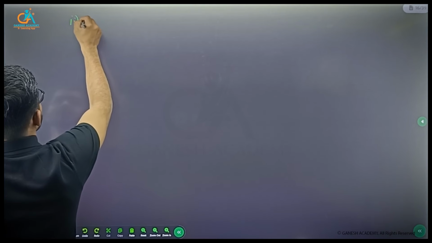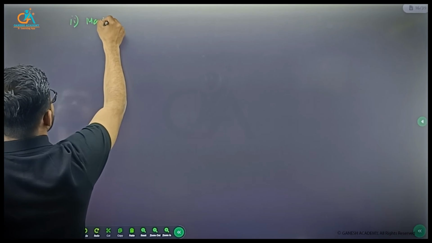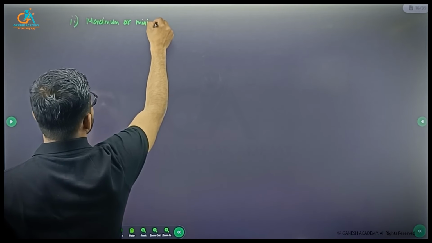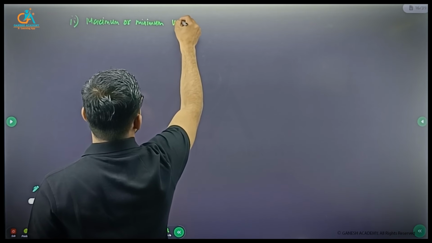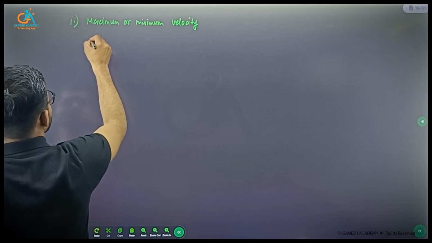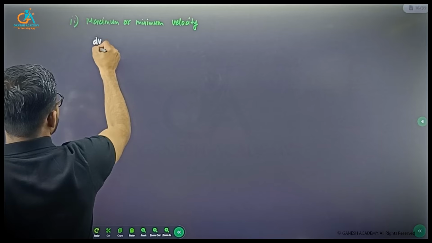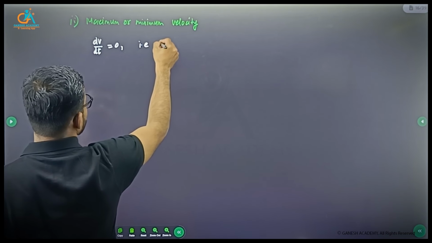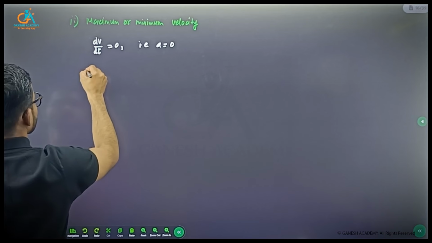So for maximum or minimum velocity, the derivative of velocity with respect to time is equal to 0, and that is acceleration is equal to 0.